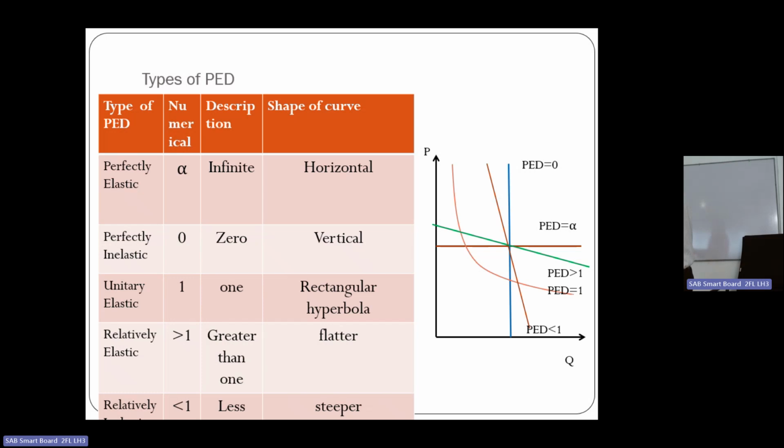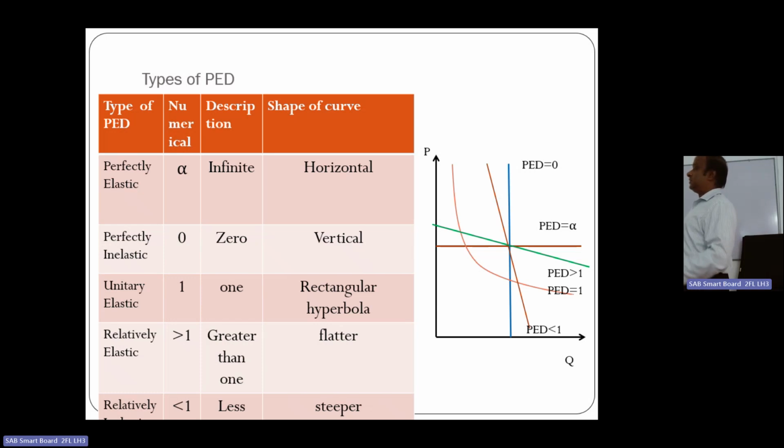Then the other one is the relatively elastic demand. If the price elasticity coefficient is greater than 1, that is elastic. Price is highly sensitive, so the relationship between the price and the quantity demanded is very significant.